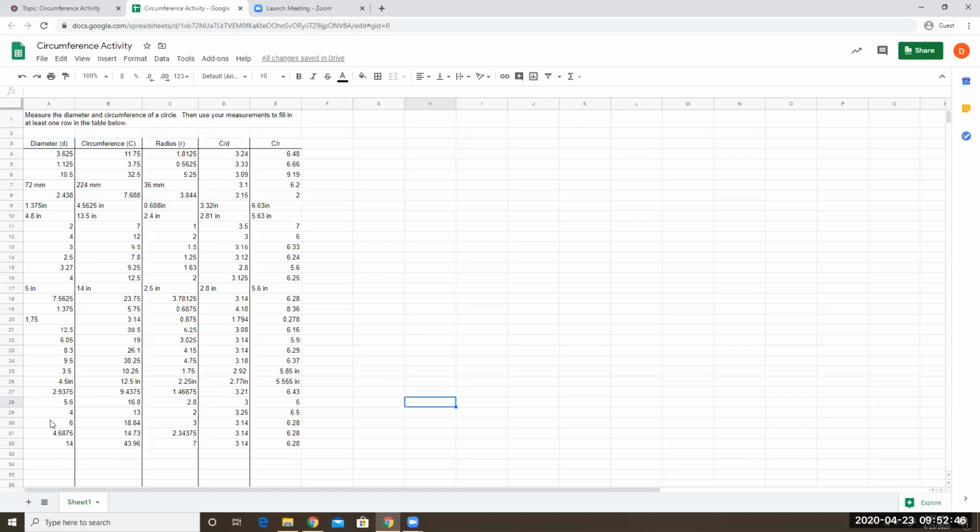I could be wrong, but I don't know how you get 43.96 so perfectly unless you used a formula to find that circumference, which is not what I asked you to do, right? I asked you to measure it with some measuring tape. But anyway, we'll go with that.